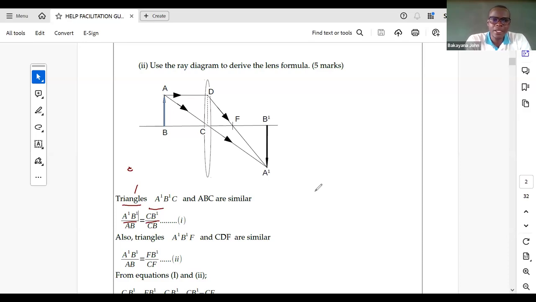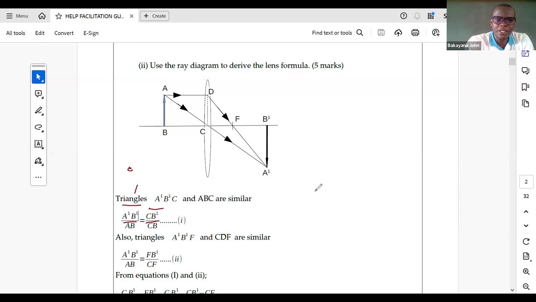Okay, so can we identify any other triangle? We see another triangle, A prime, B prime. These are lengths.